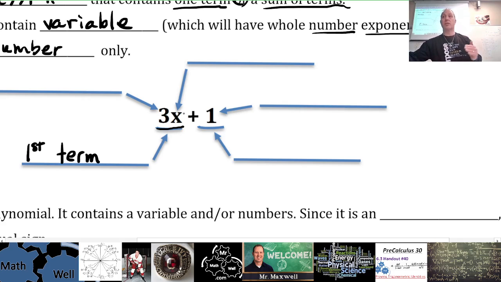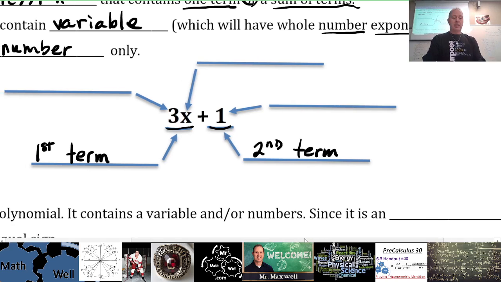This is 3 times x, and that constitutes a term. The 1 is the second term, okay? So there are 2 terms total in this algebraic expression. First term and second term. The x we already discussed. The x is the variable here in this expression, so that's the variable.